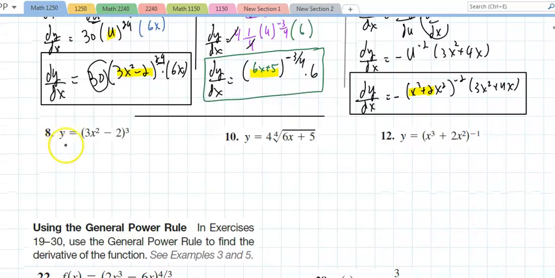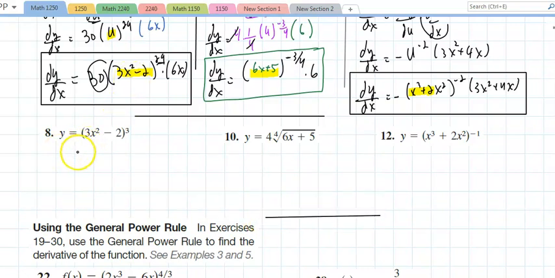If I really want to go, and again, I'll keep on doing the long way until we get the hang of this, but eventually you're going to have to do that. You really don't have to. But you're going to do this on every derivative. If I want to take a derivative, well, I ignore this part. Meaning, I only see something raised to the 3rd power. Well, don't you bring the power down?